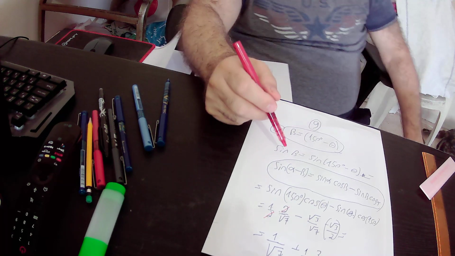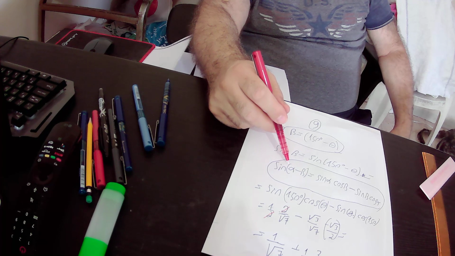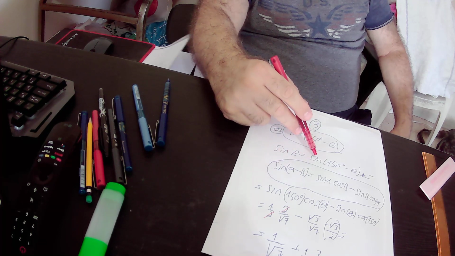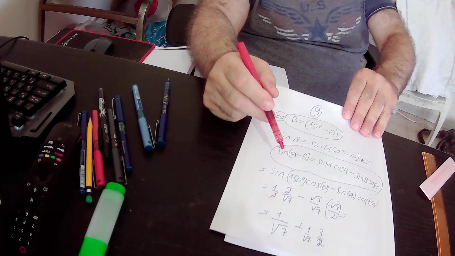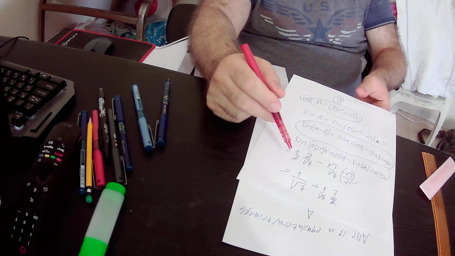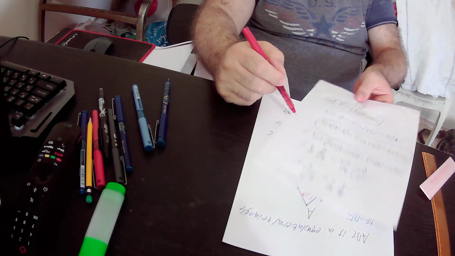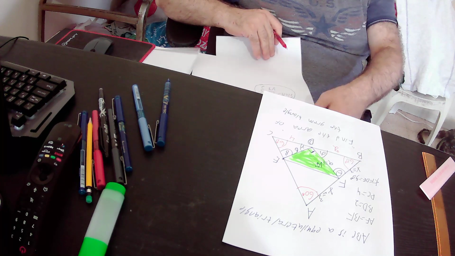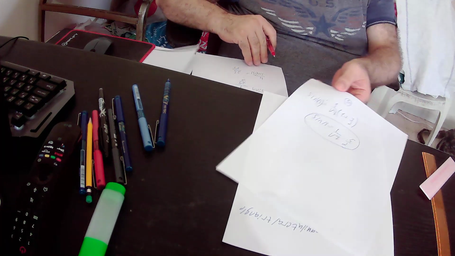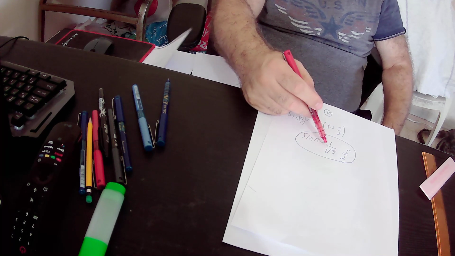Okay, so we implemented this trigonometric identity to calculate the value of sine of 150 degrees minus theta, and that equals sine beta. So we found out that the value of sine beta is 5 over root 7 times 2.